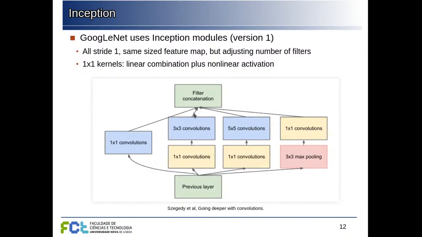Everything here has a stride of 1. If you have, for example, feature maps here that are 64 by 64 pixels, then everything here will produce feature maps of 64 by 64, and they are all stacked together at the end. So this concatenation is a stack of all the feature maps produced by these operations.